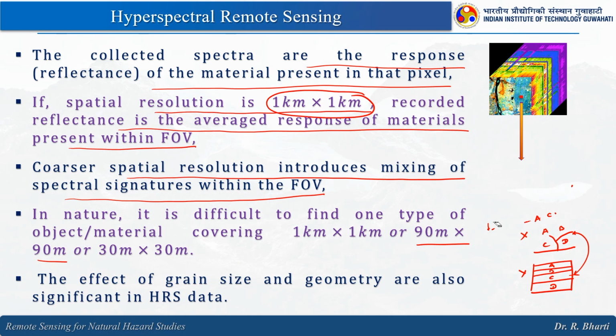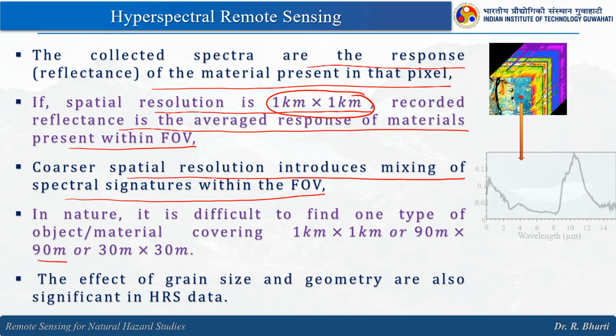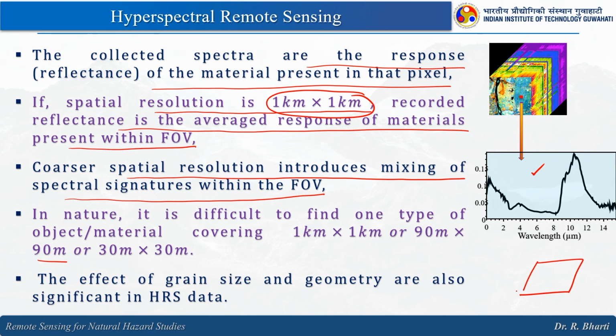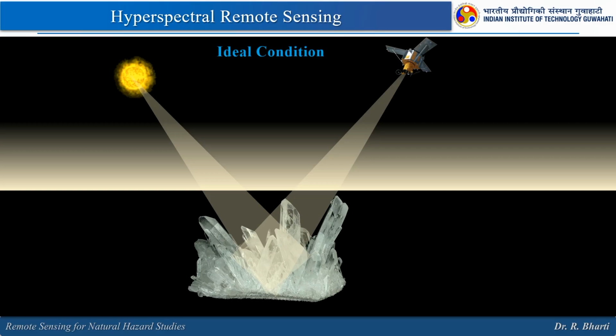So, the spatial resolution is very important and very critical when we talk about the hyperspectral remote sensing data analysis, right, because 1 pixel is producing this kind of a spectra which is representing a bigger area on the ground, and in that particular field of view it is very hard to find one type of material. So, it can be a mixture of material.